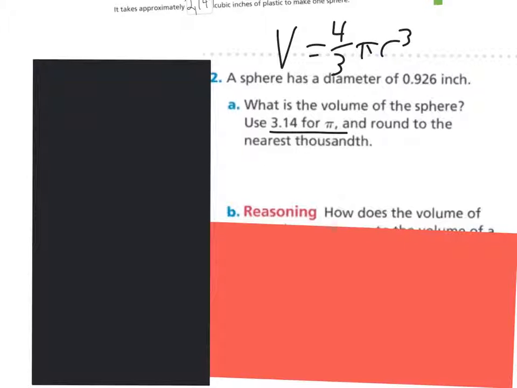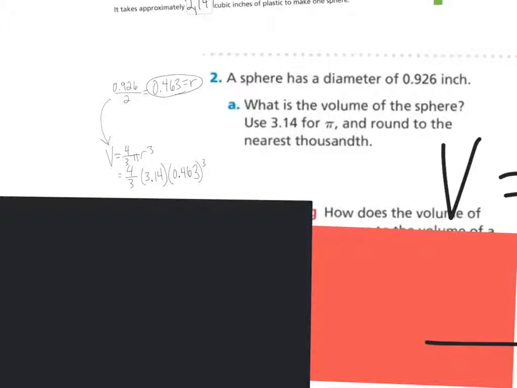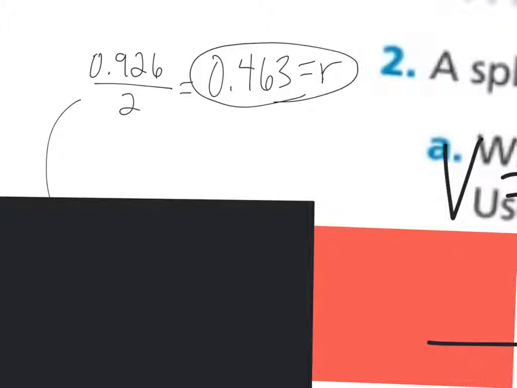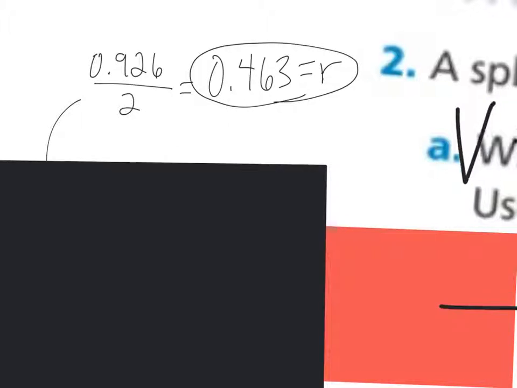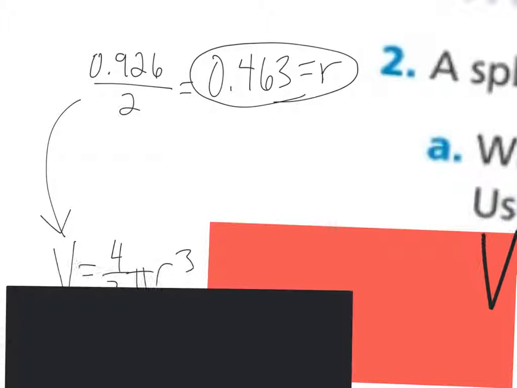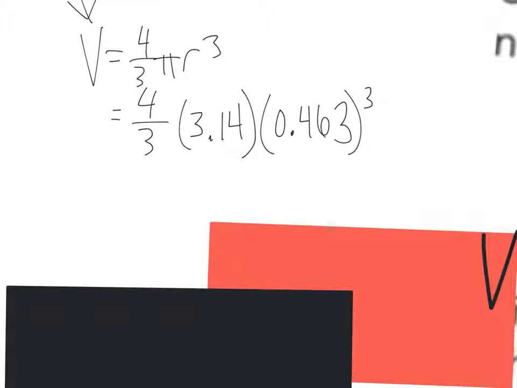We have to make sure we have all of our pieces that we need. On this problem, since we need the radius in order to find the volume, we need to take half of the diameter. So half of the diameter would be 463 thousandths. And then at that point, we can substitute that in the formula and figure out what our volume is.